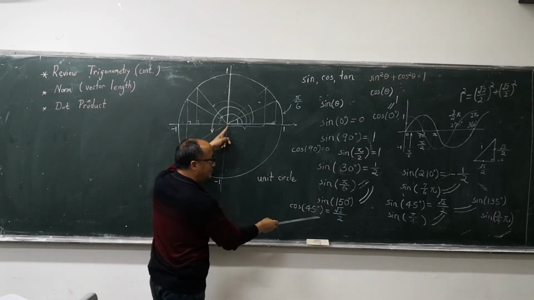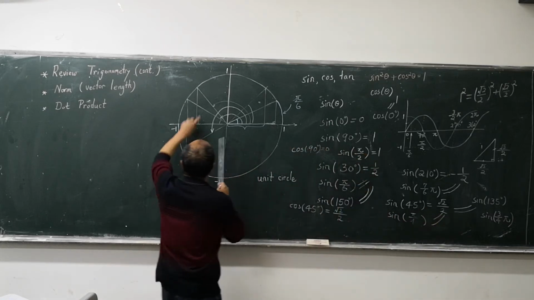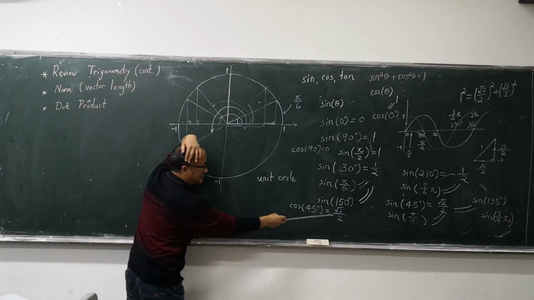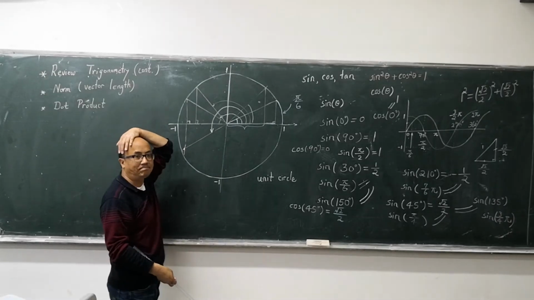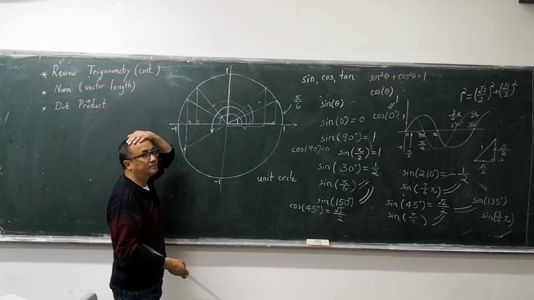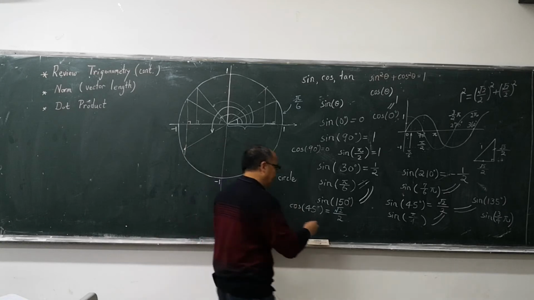So cosine 135 degrees, this one is negative. This value is negative.